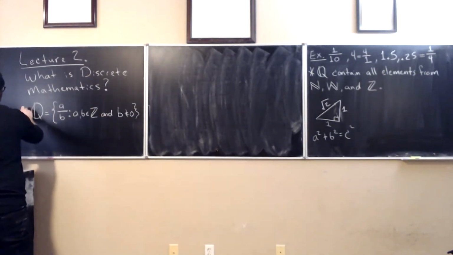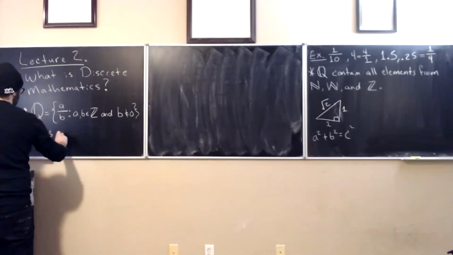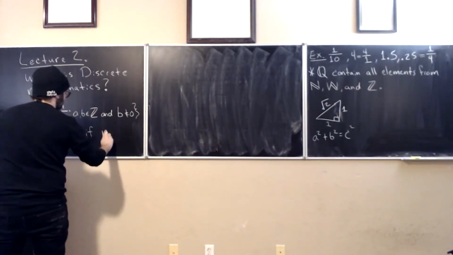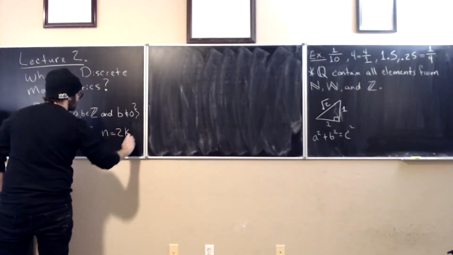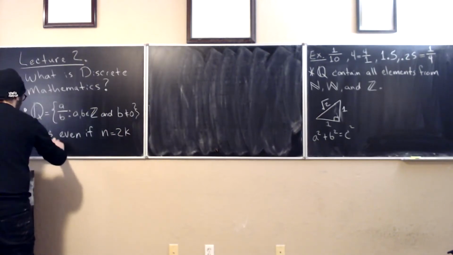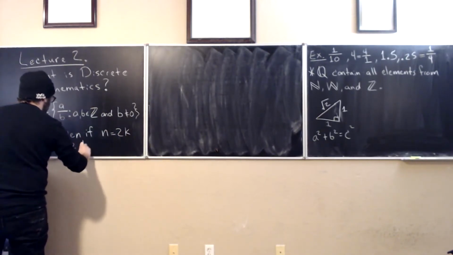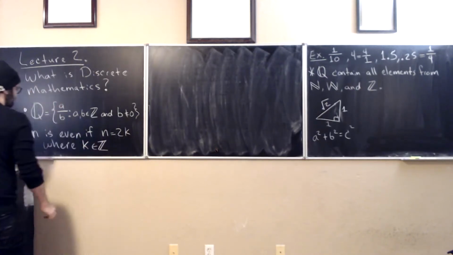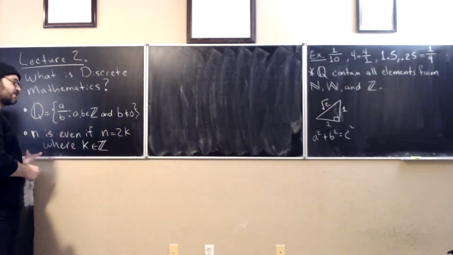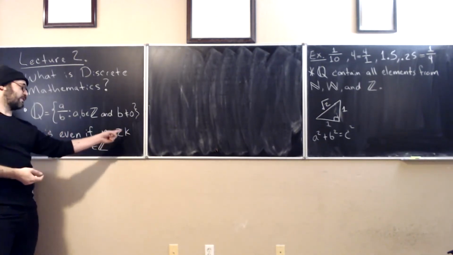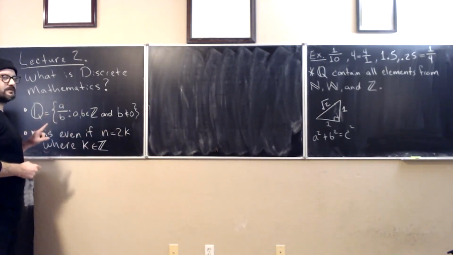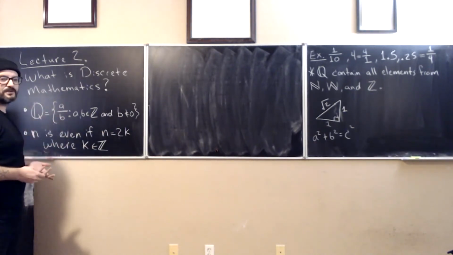This is fact 1, and the next fact is: a number n is even if n is equal to 2 times some number k, where k is an integer. Okay, so this is another fact. Even numbers, by definition, are twice an integer. So we have the definition of even, and the definition of the rational set of numbers.